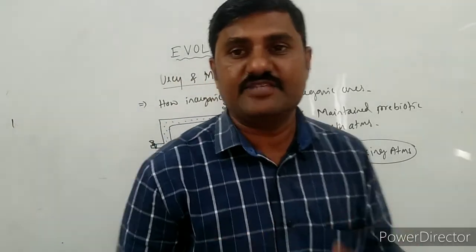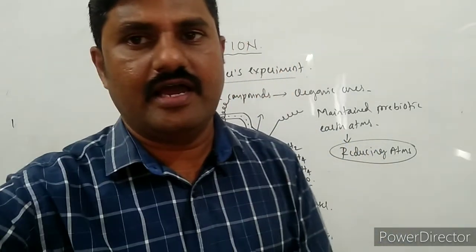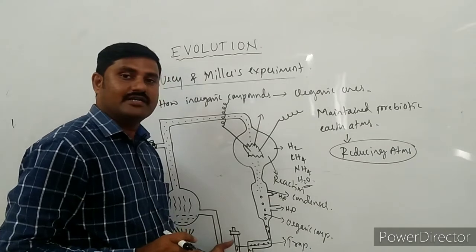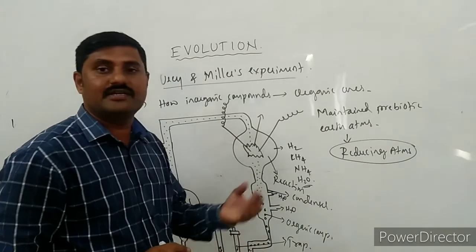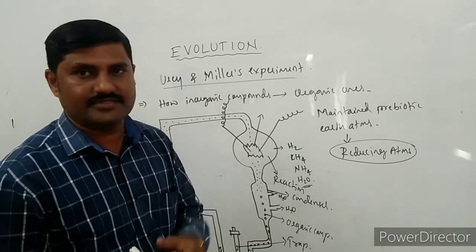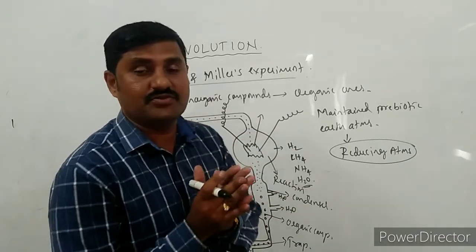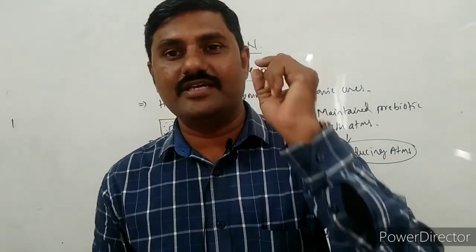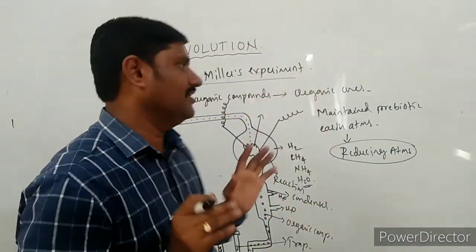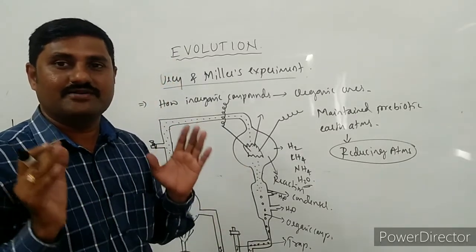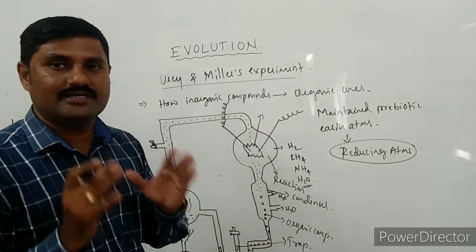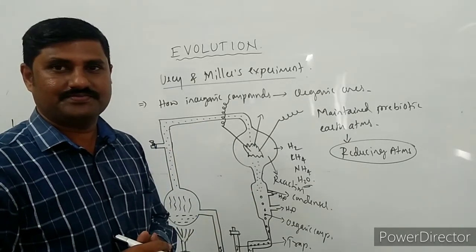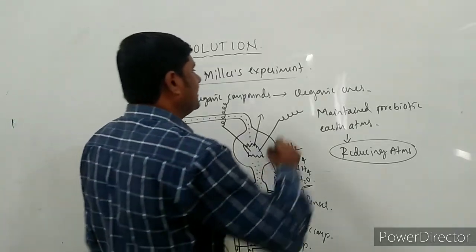He collected the watery substance present inside the trap and started to analyze what was there in that water. He wanted to know what actually is present inside that water. Fortunately, the water was containing organic substances like amino acids.